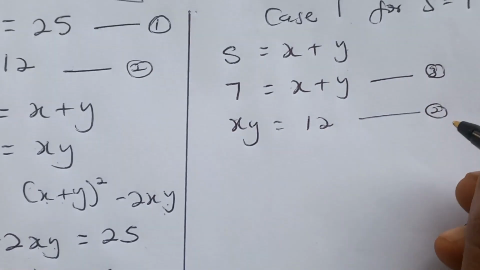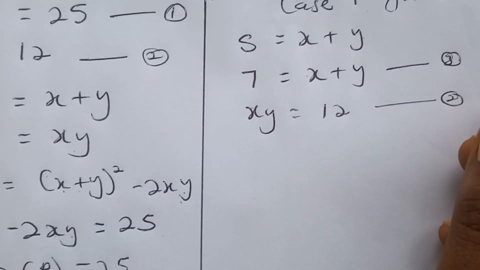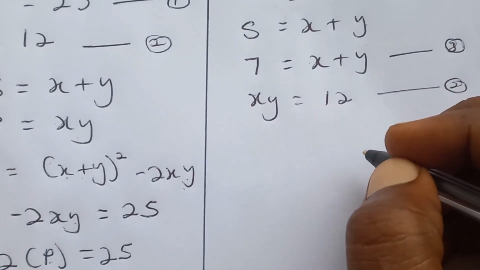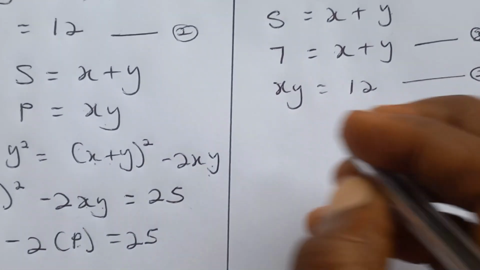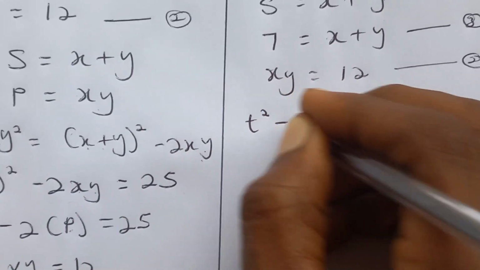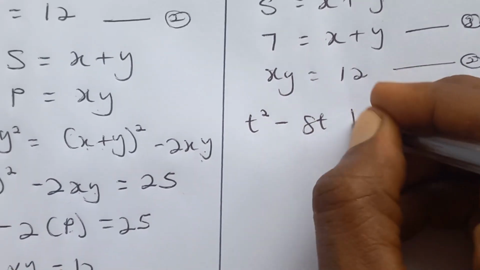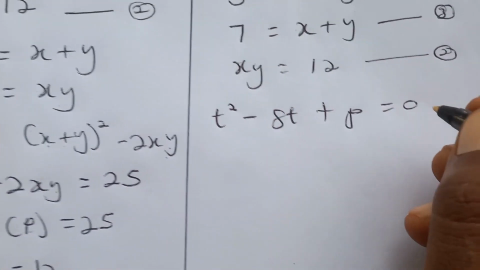Now we have to transform this into a quadratic equation, t squared minus st plus p is equal to 0.